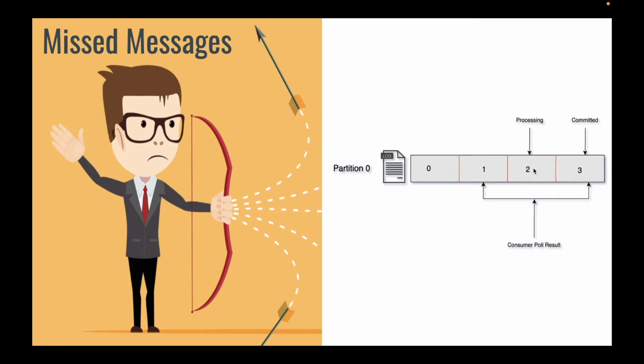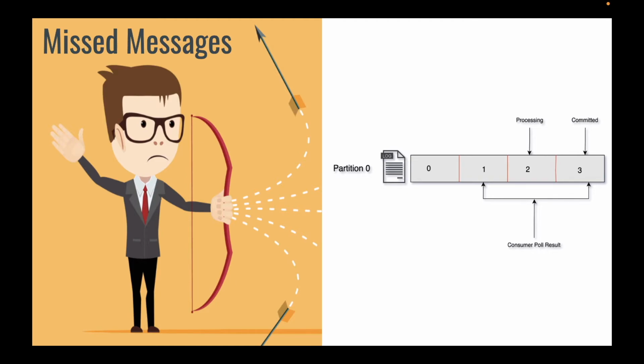While the consumer is processing the second offset, if anything happens and the consumer fails or shuts down, what will happen? Offset 3 is committed, but it was processing number 2, and now it is down, and rebalance happens. When rebalance happens, this partition is assigned to another consumer.